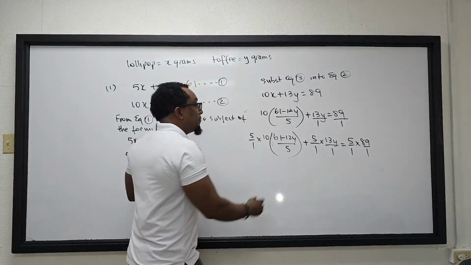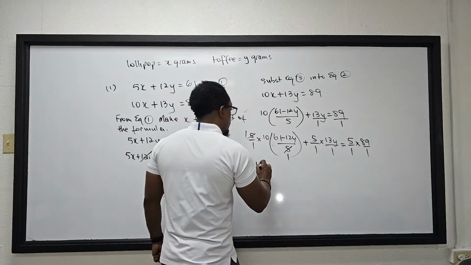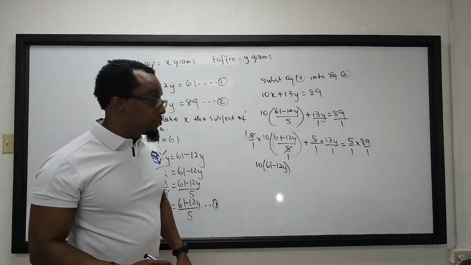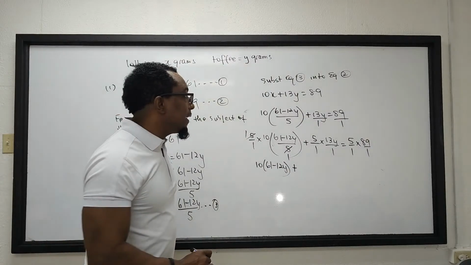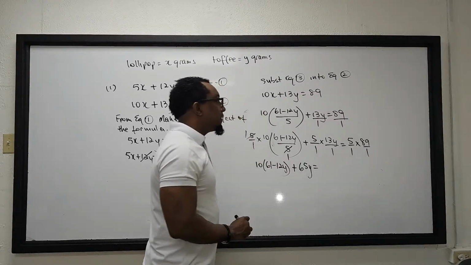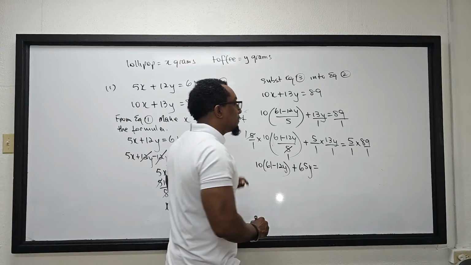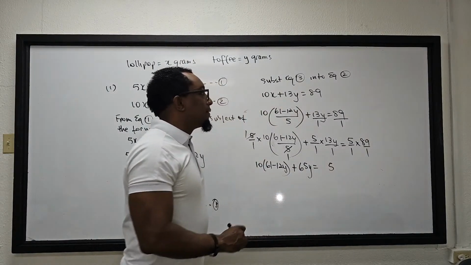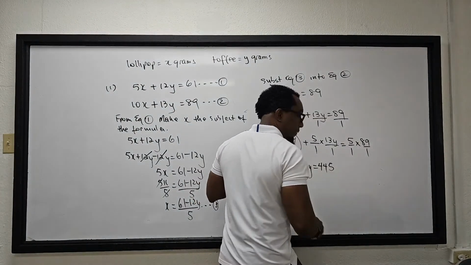So what's going to happen here? 5 into 5 is 1, 5 into 5 is 1, so we're going to be left with 10 into 61 minus 12y. Plus, this is 5 by 13y, that will give us 65y, is equal to 5 by 89. 9 5s are 45, 5 8s are 40, and 4 is 44.